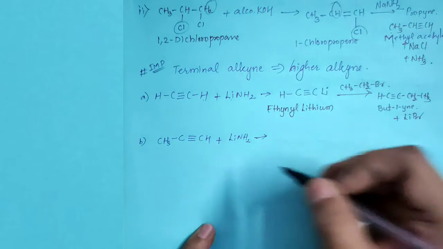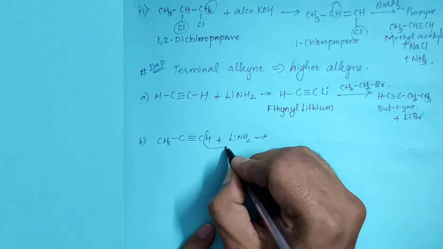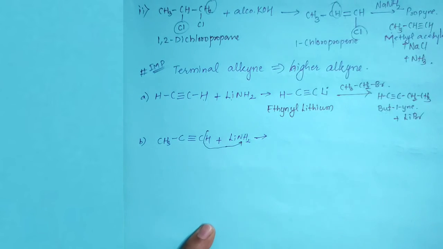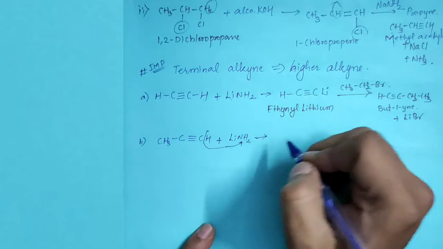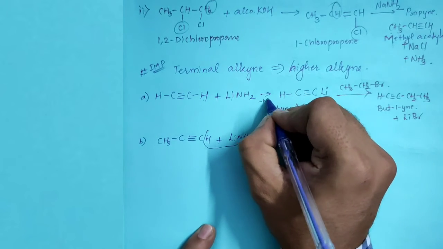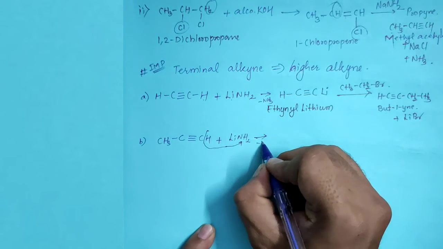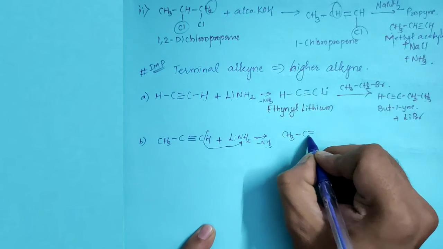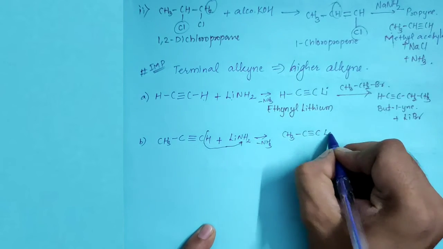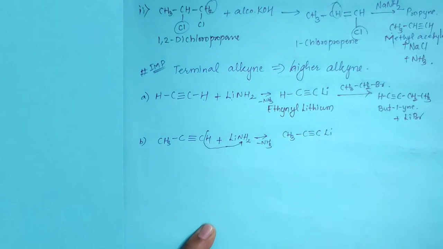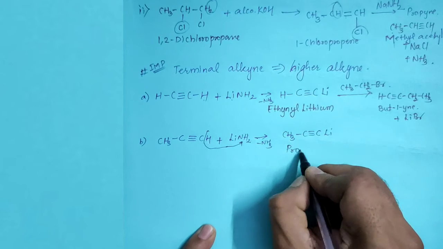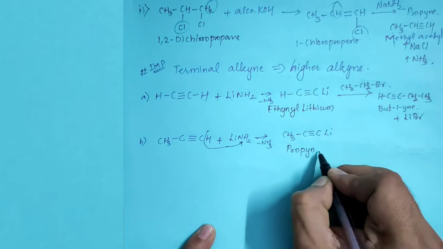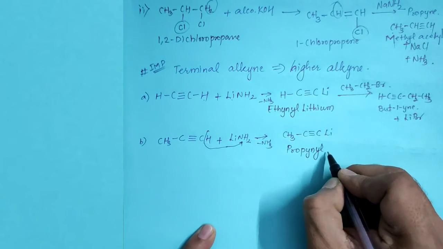Again, what will happen? Here lithium will get attached, with the hydrogen and NH2 forming ammonia. So I can write over here minus NH3. Now this will be propynyl lithium, YNE is replaced by YL.